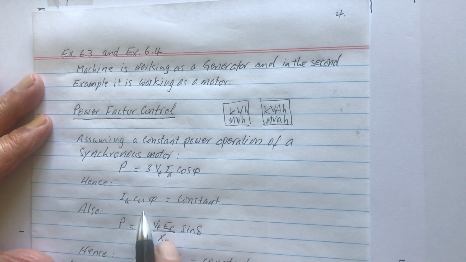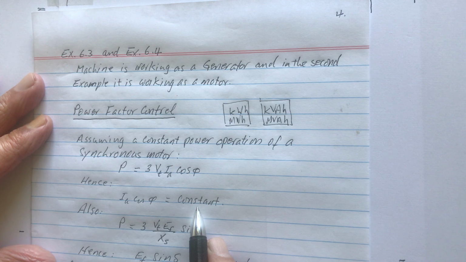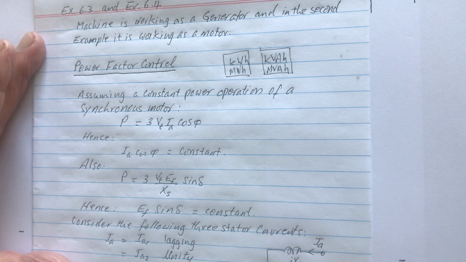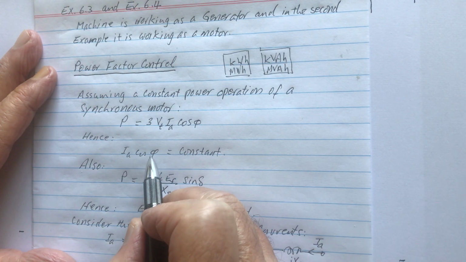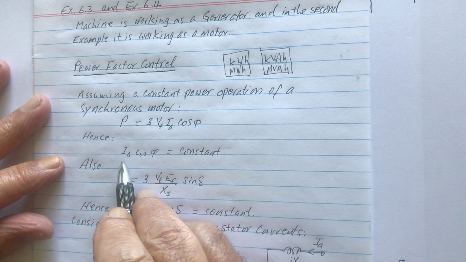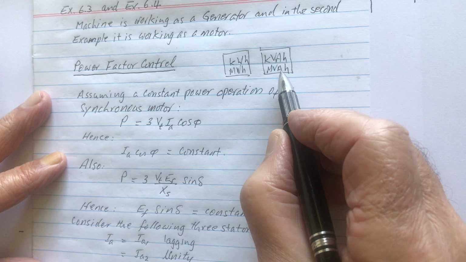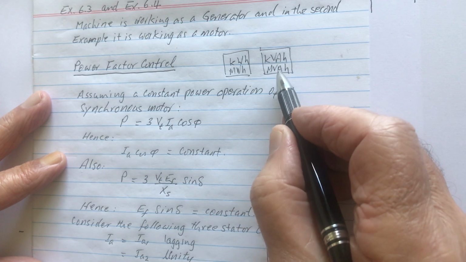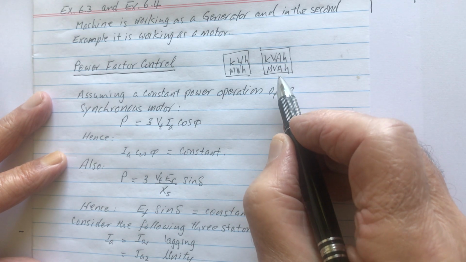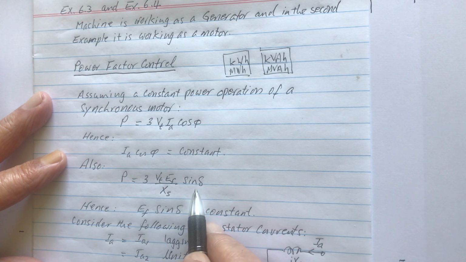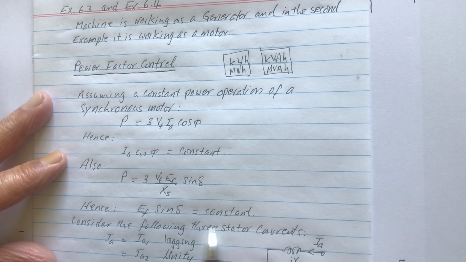If the power is constant, then IA cosine phi is constant, which means that if I improve the power factor, I will reduce the current I'm taking from the network, and when I reduce the current, I will reduce the bill. Also, the power is equal to 3 VT EF divided by XS times sine delta. Hence, EF sine delta will also be constant.